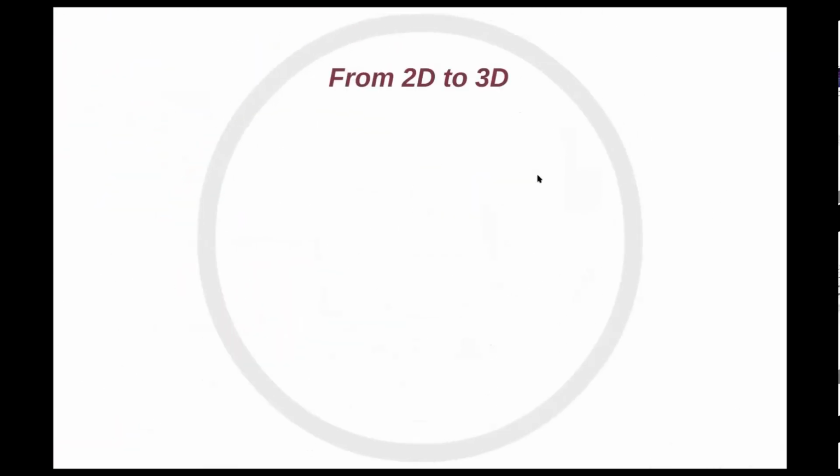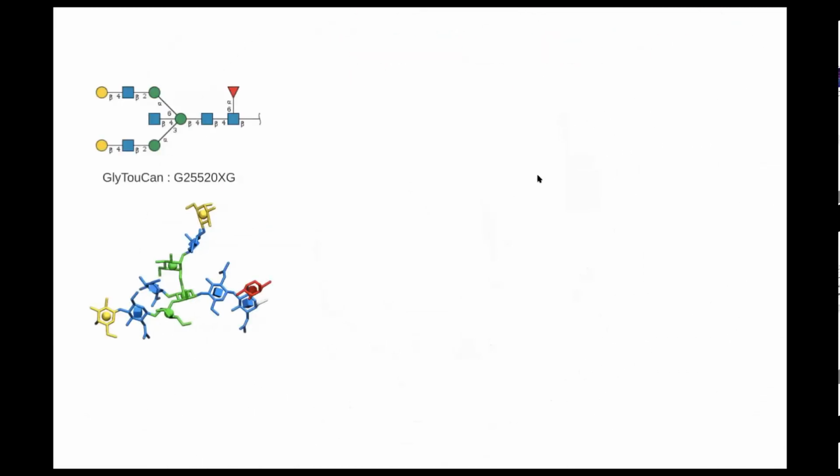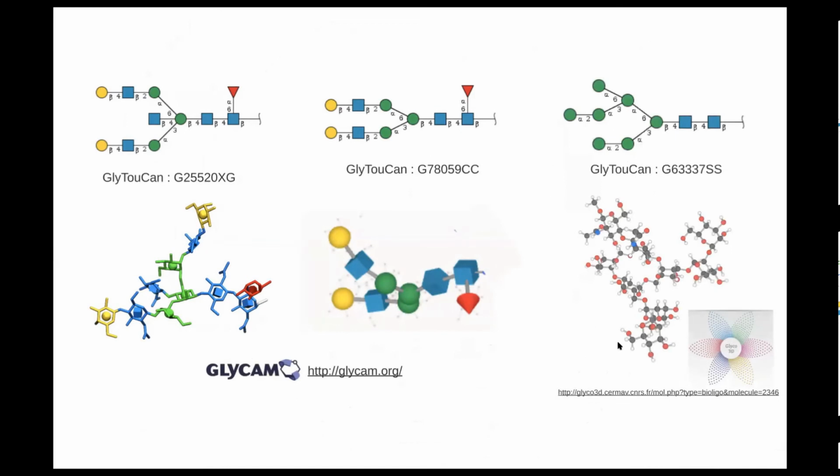Of course, it's impossible not to talk about 3D, and a lot of the work that is done. So this is the modeling from the GLYCAM group, Rob Woods, who is in Georgia in the US. And this is an example of what you find, what Serge does with Glyco3D.